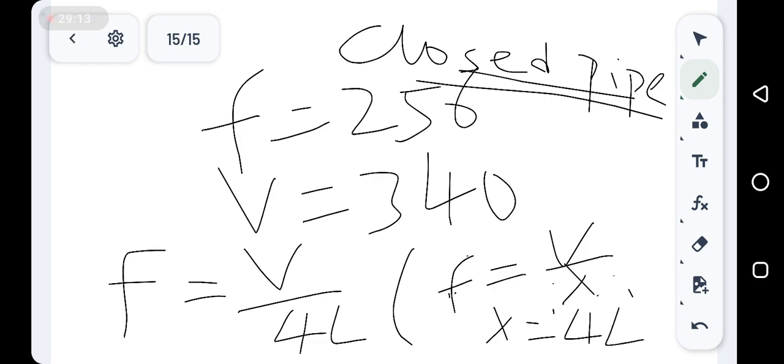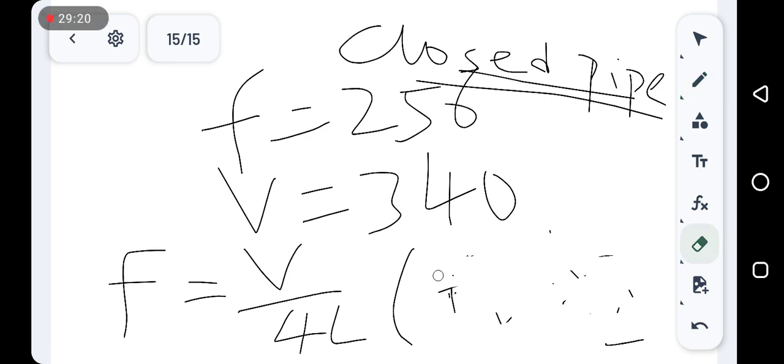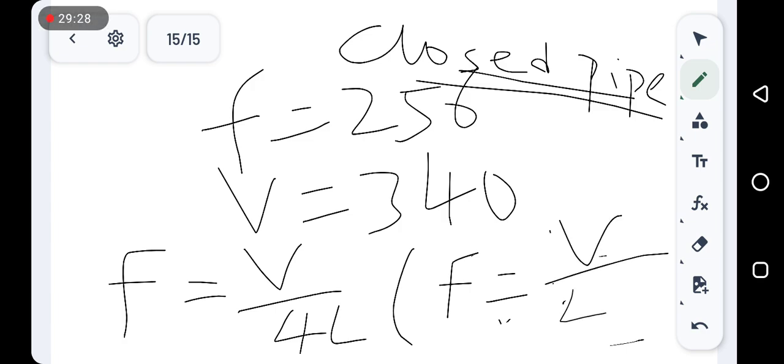So when we replace the wavelength by 4L, we now have that in a closed pipe, frequency is equal to V over 4L. That is how we got this formula. That is the formula you are going to use to solve this question.